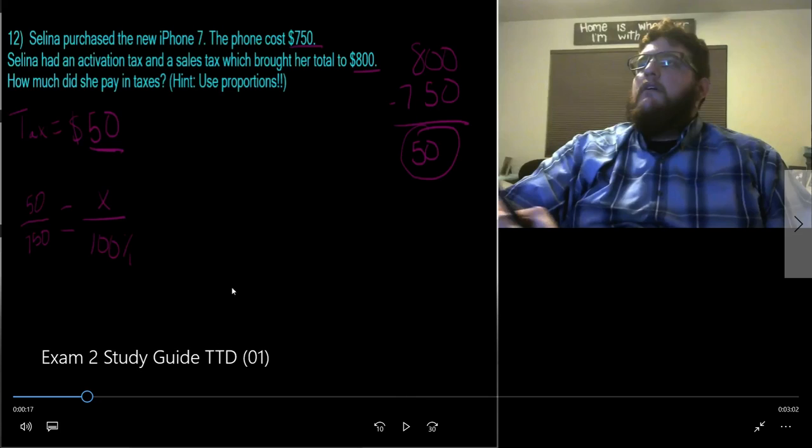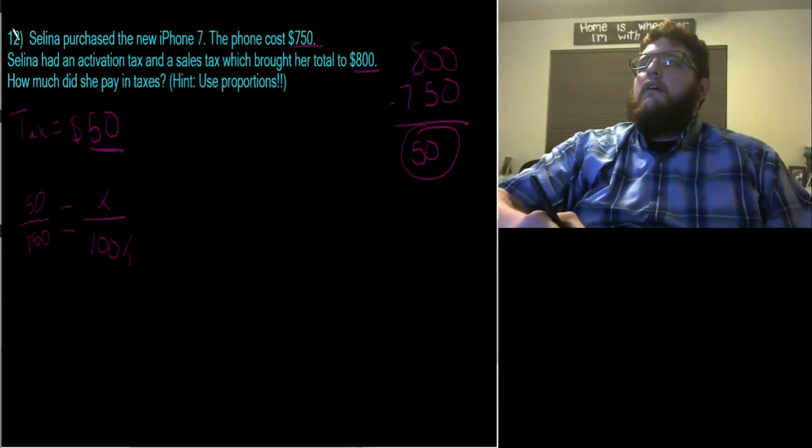We've got 50 over 750. This 50 is the amount she paid in taxes, and 750 is the price she paid for the phone. We know that it's out of 100%, and we're trying to figure out the percentage she paid in taxes.